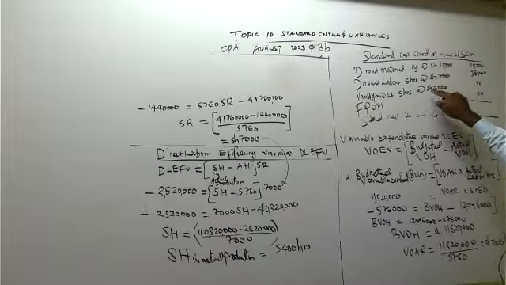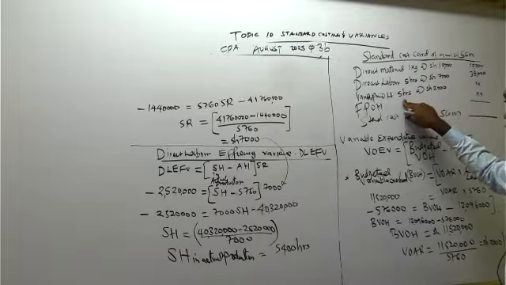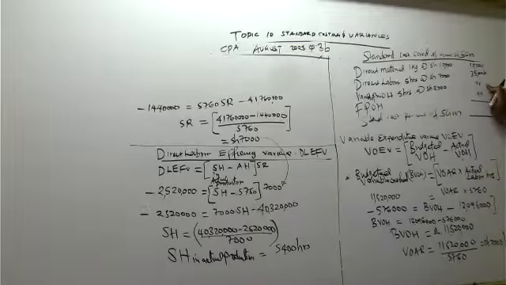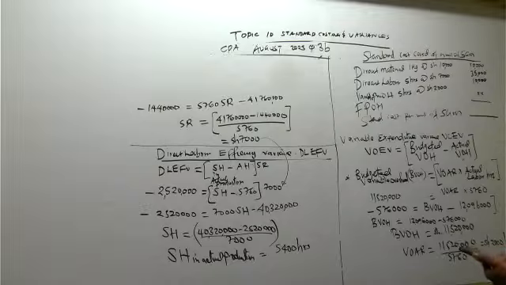Once we have the overhead absorption rate, 2,000, we multiply by the standard hours to give us what figure here? Tunapata ngapi hapa? 10,000. Sasa kuja chini hapa uweke 10,000.